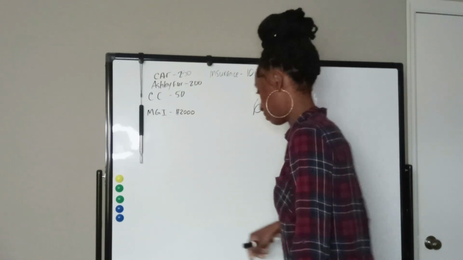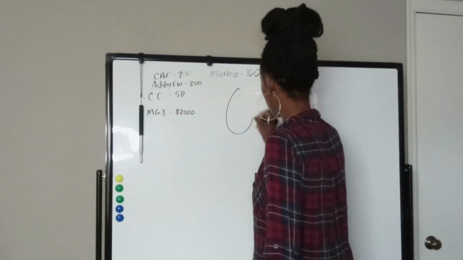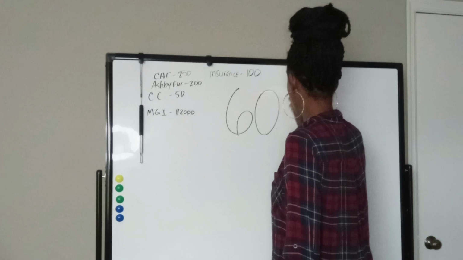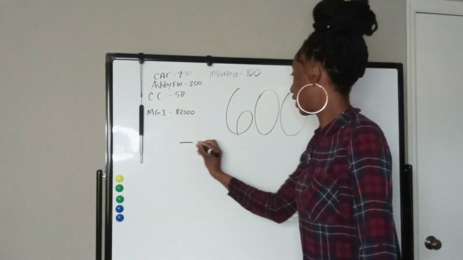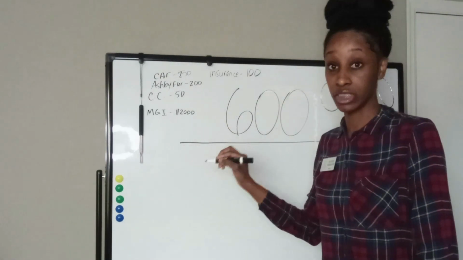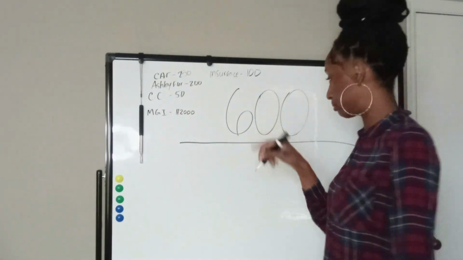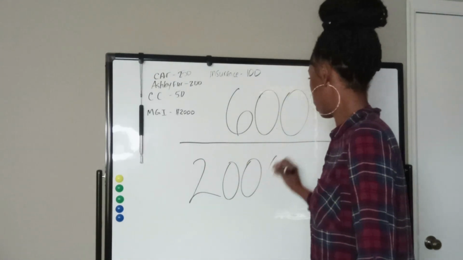I'm sorry, I need to make it big enough. $600 for my monthly debt, and I only bring in before taxes $2,000. I know, not much at all, but we're just going to see something here.